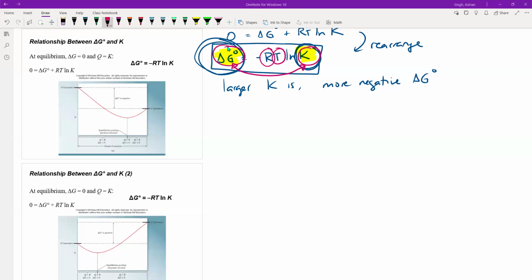So the two things to keep in mind when we start doing these calculations are as follows.